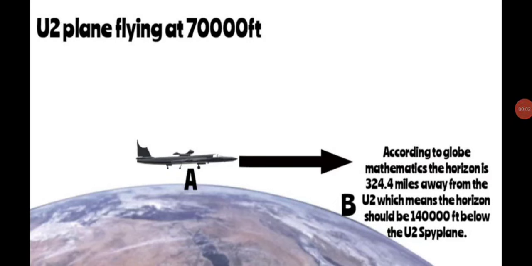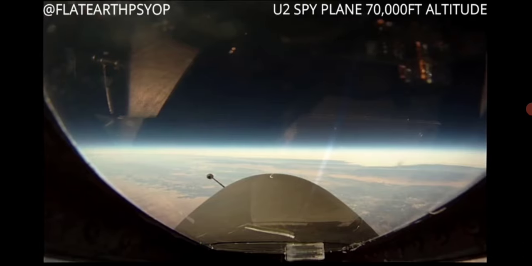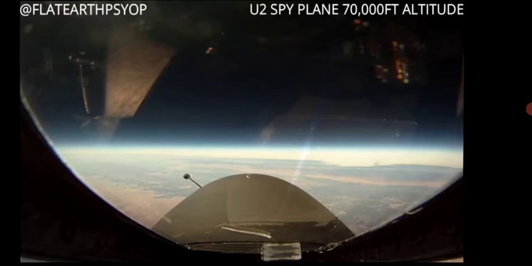So, according to the globe mathematics, with the U-2 flying at 70,000 feet, the horizon should be 324 miles away. So the maths, according to the globe, says that that horizon's 324 miles away when the plane flies at 70,000 feet on average.